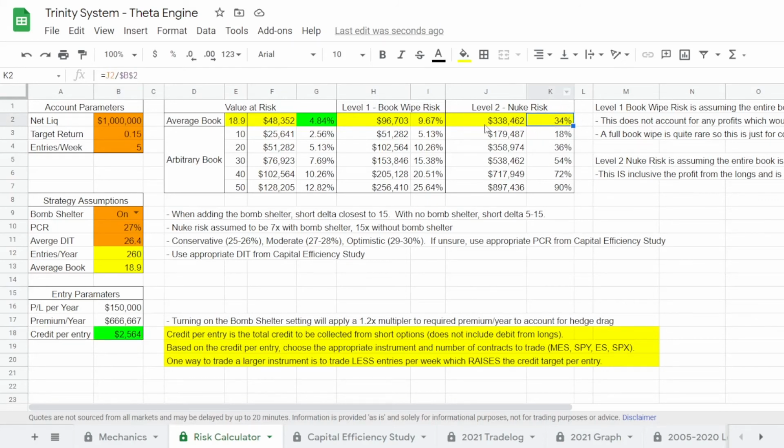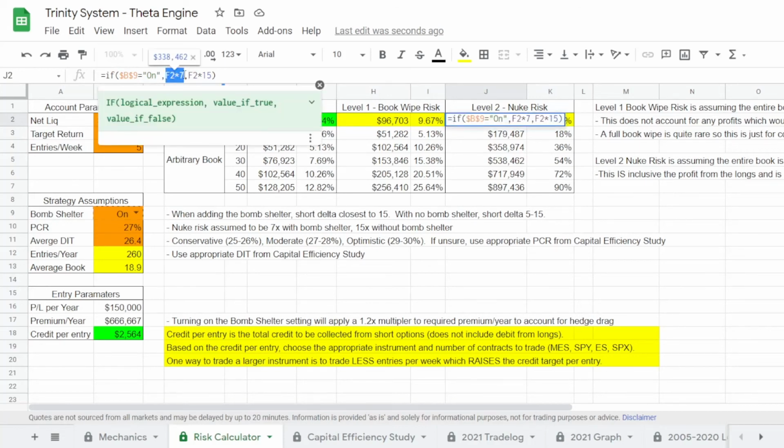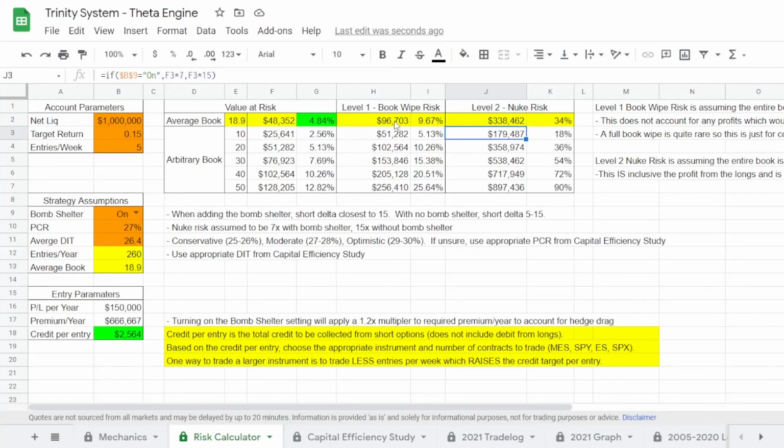So with 15% target, average book size, 4.8% value at risk, level 1 book wipe risk is 9.67, and then the nuke risk is 34. So again, 34% seems high, but if you think that an actual nuke risk, a 20% gap, all that craziness is even possible, maybe losing 34% is reasonable, especially since that's like a true black swan.